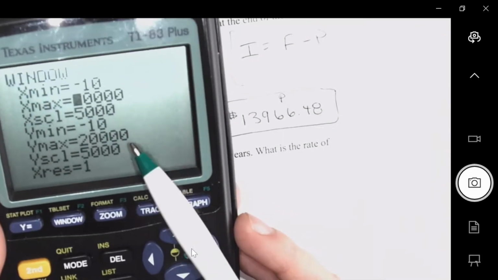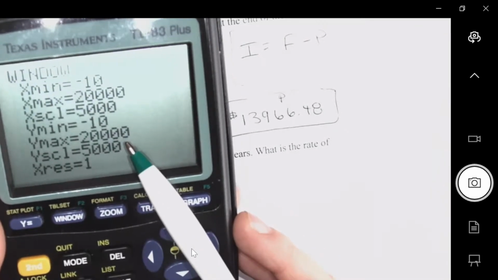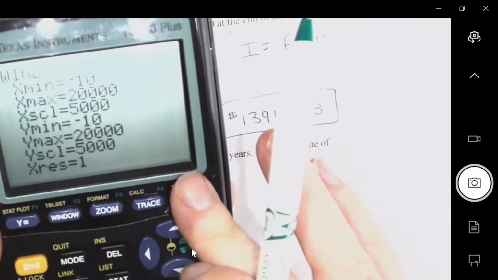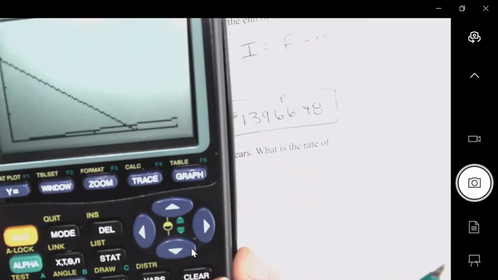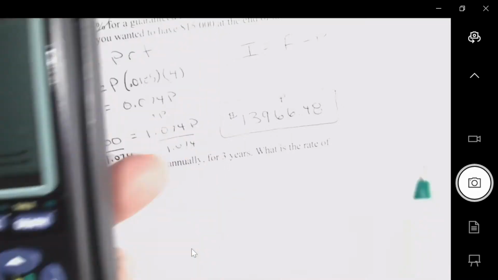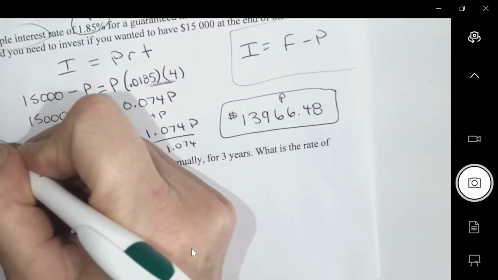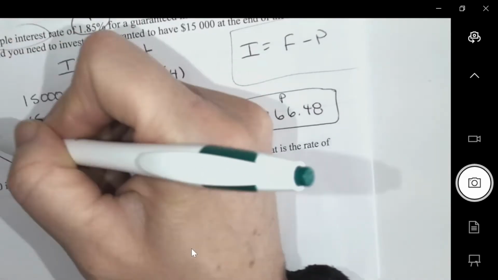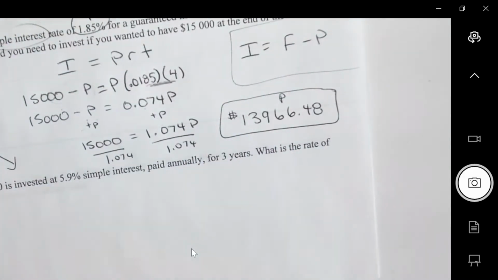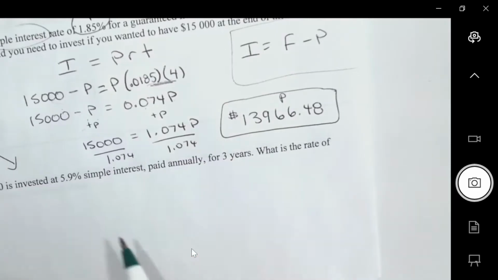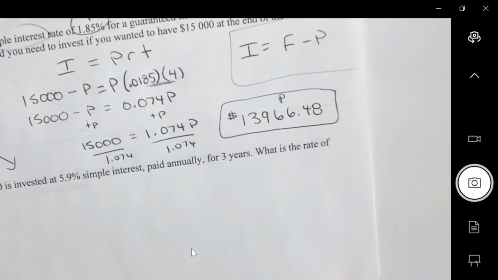I did 20,000, and my y, I also did 20,000. So when I graphed it, it looked like that. And then the intersection on my graph was the exact same as my math answer.